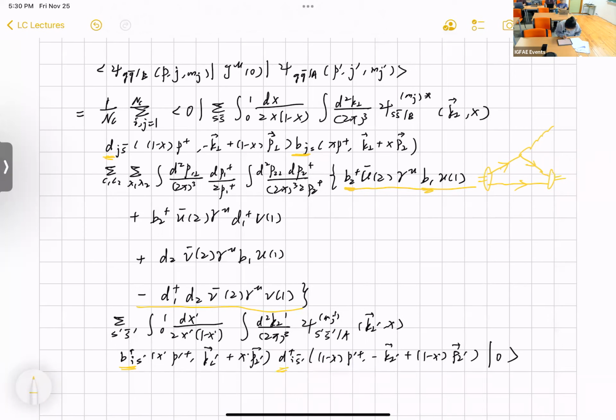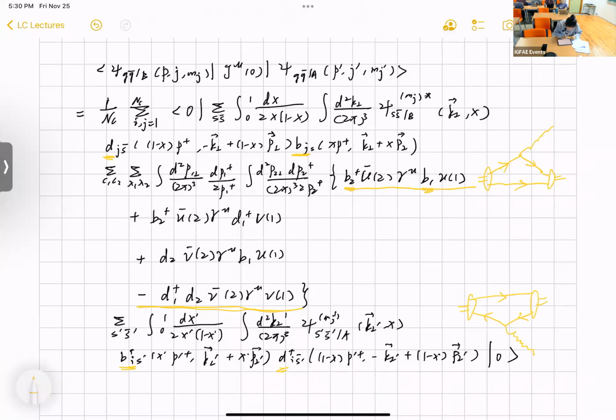Similarly, the last term is that you contract the D dagger and the D with the D and the D dagger in the two mesons, initial and final respectively. What you get is that now the quark is the spectator and the photon couples to the antiquark. Okay, so these 2 are the non-vanishing processes when we only have the QQ bar component wave function.